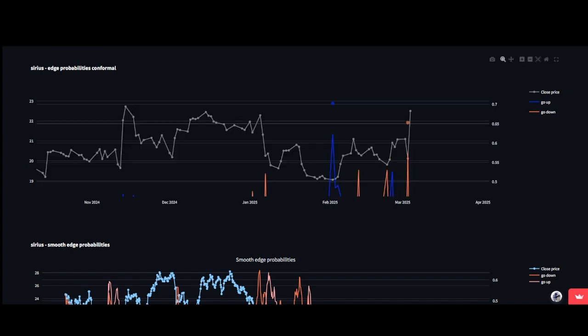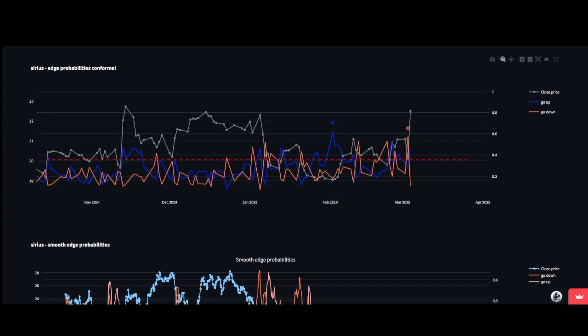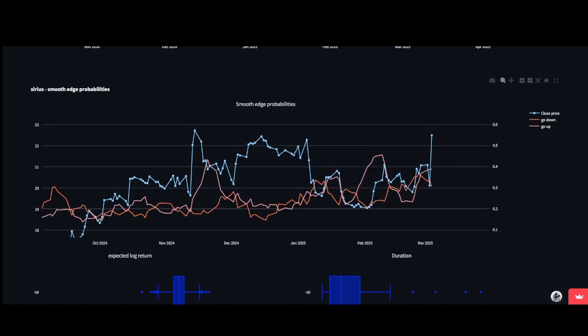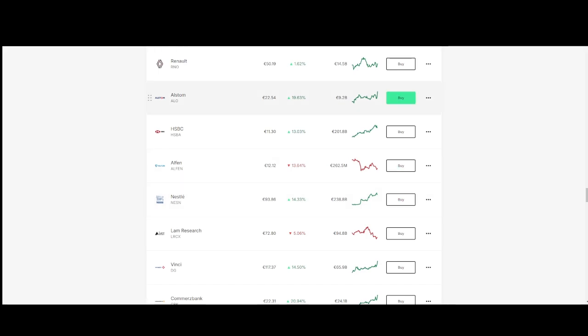Precision is high for going up, but we have a signal just yesterday. Apparently it was mistaken, and the power of going up is higher than the power of going down. Quite a good stock as well.